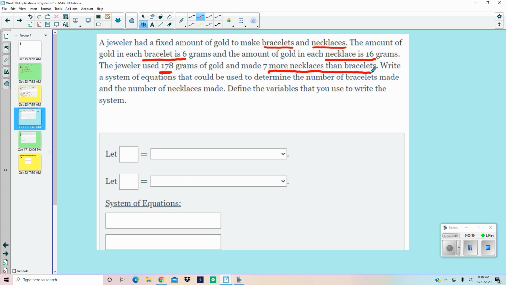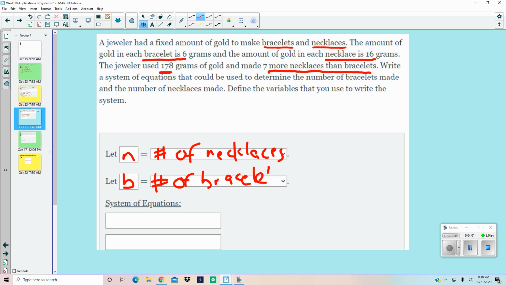So now I know I have necklaces and I have bracelets. So N is going to represent the number of necklaces. And B is going to represent the number of bracelets. And I know that there's 6 grams in a bracelet, so 6B, and there are 16 grams in a necklace.